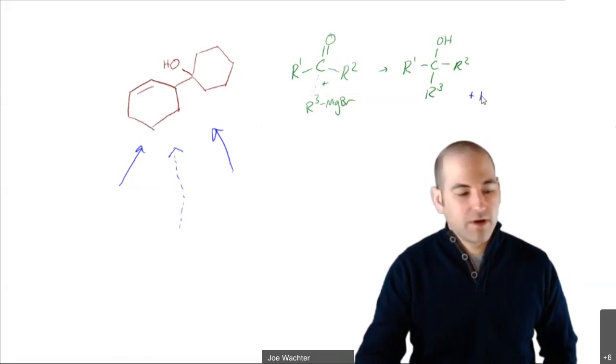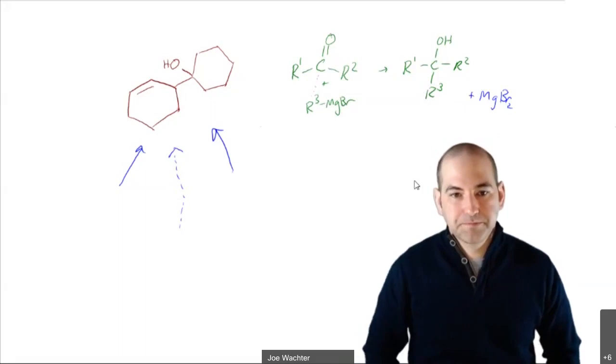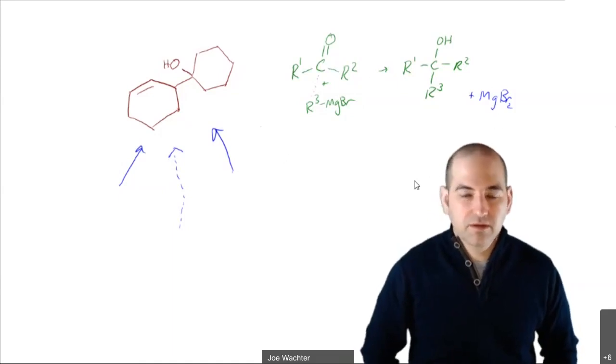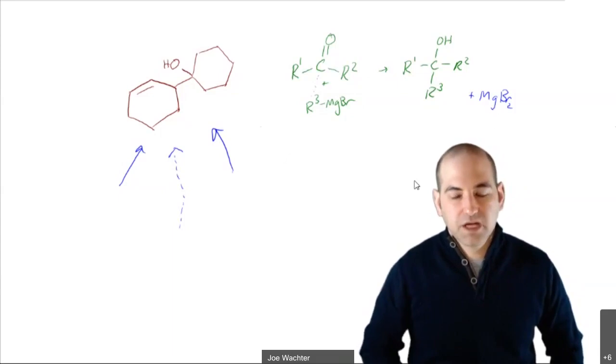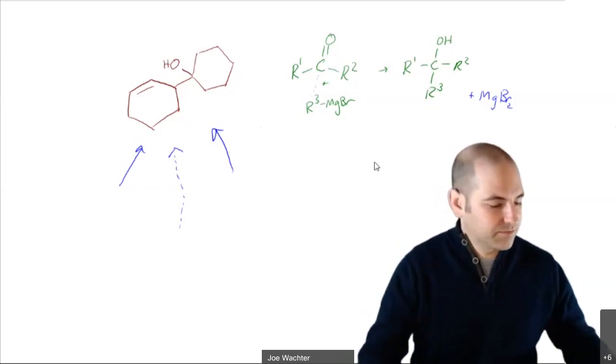So one of the byproducts here is just regular old magnesium bromide. I know the stoichiometry doesn't work there, but that's a byproduct. I think sometimes it's magnesium hydroxide too.